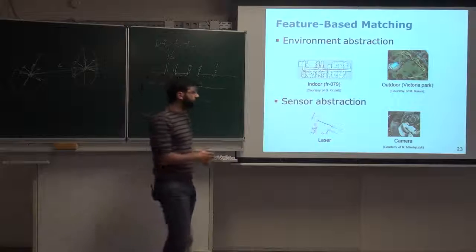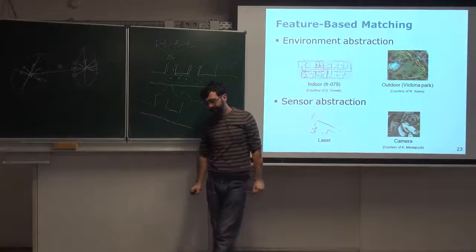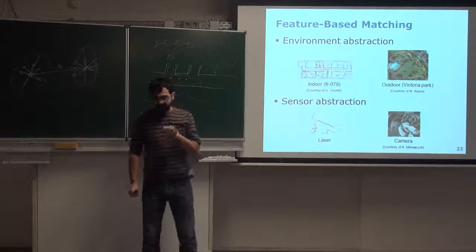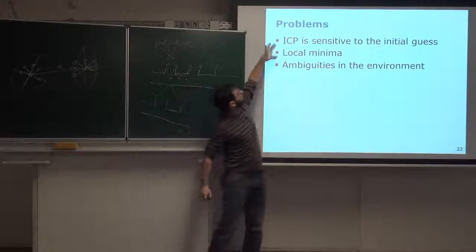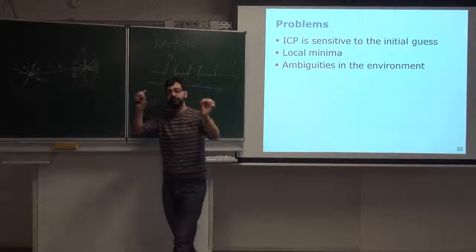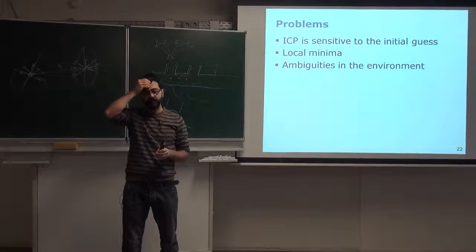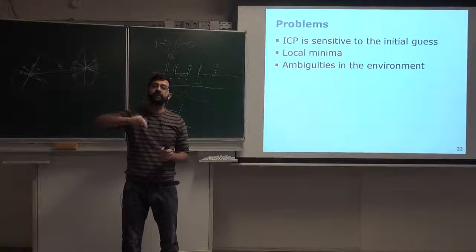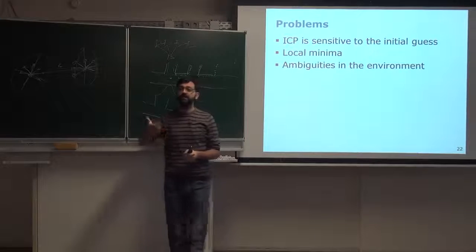So the second thing that I want to explain is feature-based matching. Feature-based matching solves, or at least addresses, these two parts somehow. So it gives you a better way of computing point correspondences, which in turn makes it more robust to initialization, and it also removes some part of the local minima implicitly, okay?